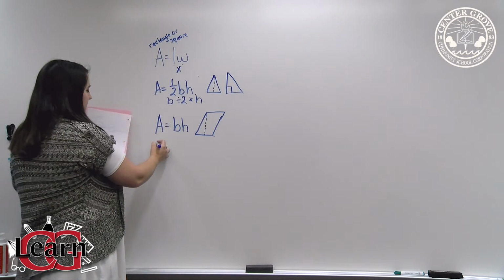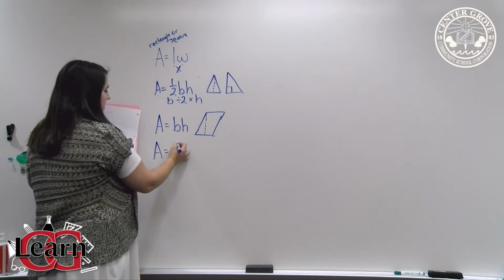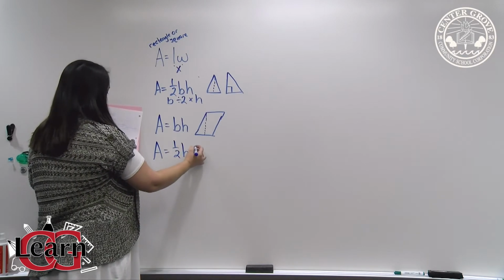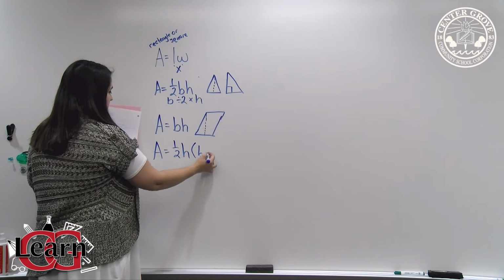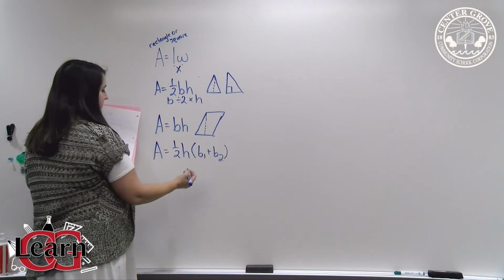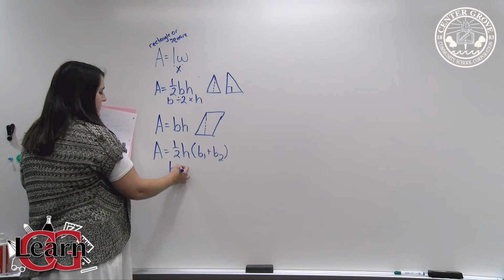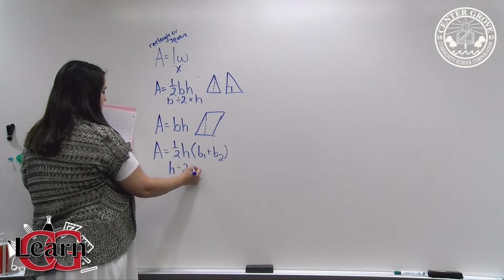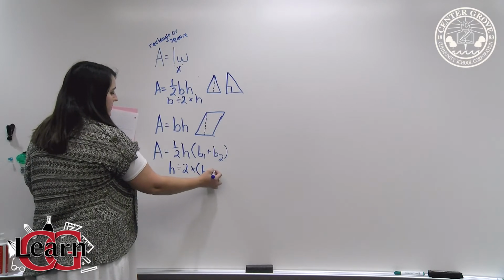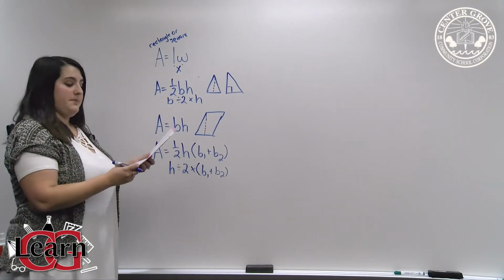The last area formula is area of a trapezoid, and that formula is 1/2 height times base 1 plus base 2. But you can think of it as height divided by 2 times base 1 plus base 2, instead of multiplying times a fraction.